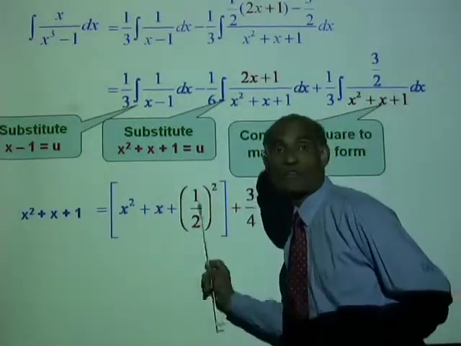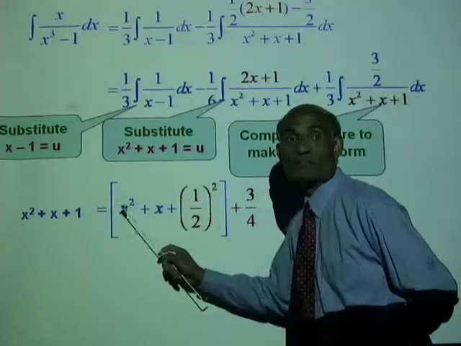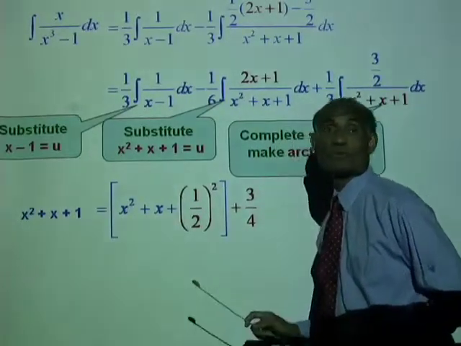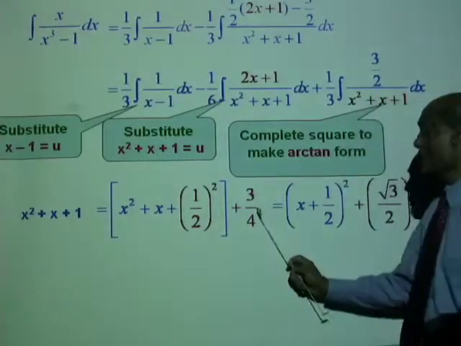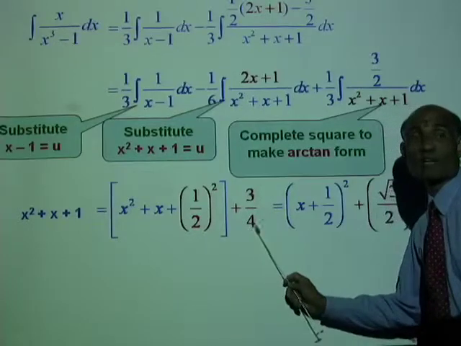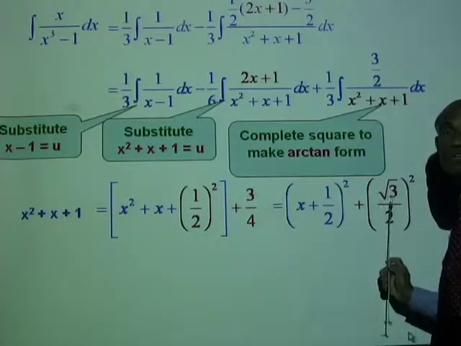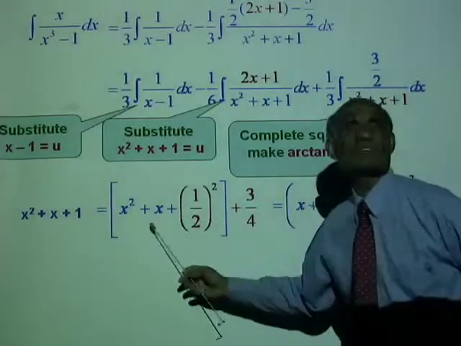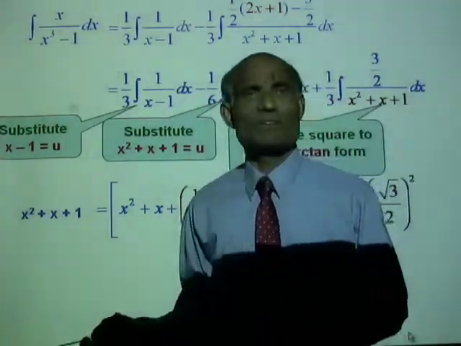Now how do you write this one now? This is a perfect square. This is x plus 1/2 all to the power of 2. That's right. And 3/4 can be written as square root 3 over 2 all to the power of 2. Now tell me, why are we doing all these acrobatics?